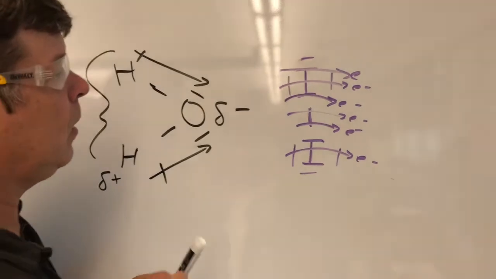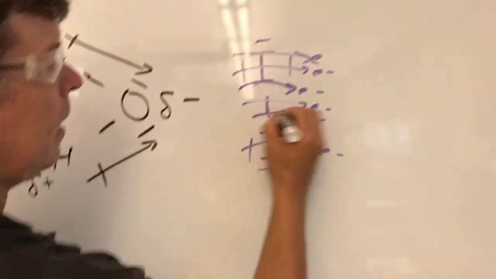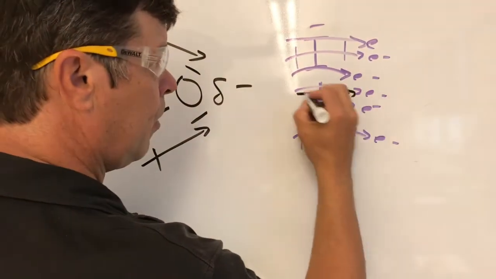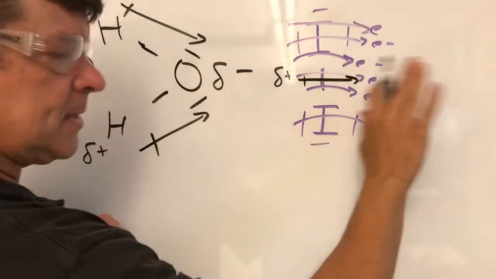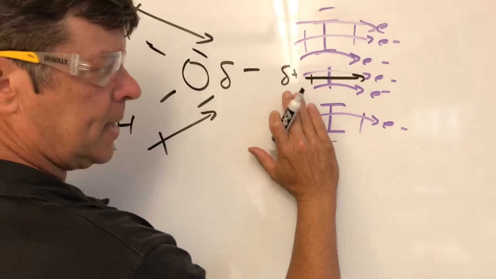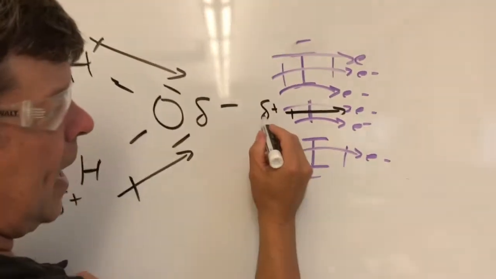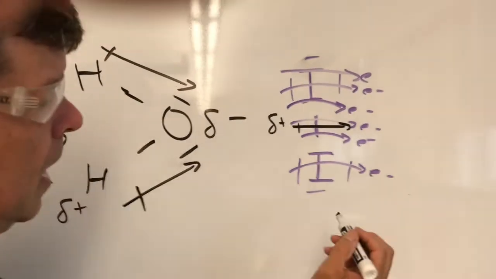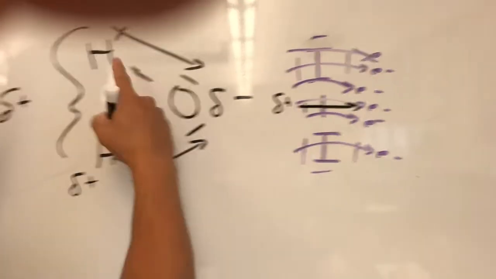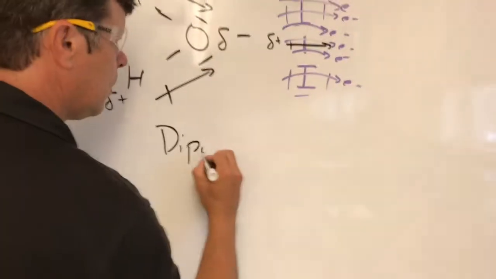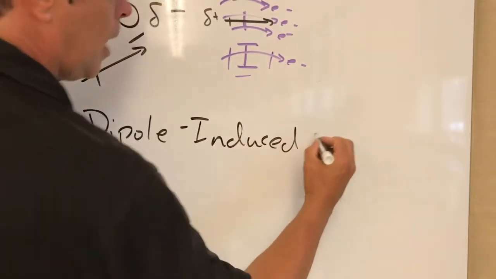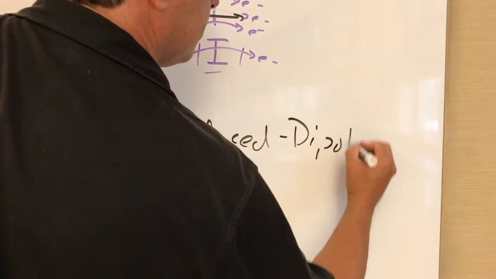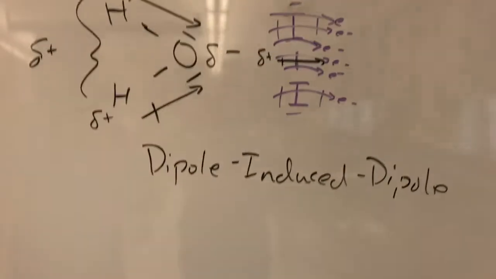So we're actually making this have a dipole. This is partially positive. We're going to push a lot of electrons to this side, making this partial positive, and then they'll attract. The positive and negative attracts. And this is called dipole induced dipole. All right. So that's not the neat part. That's part of this lesson.